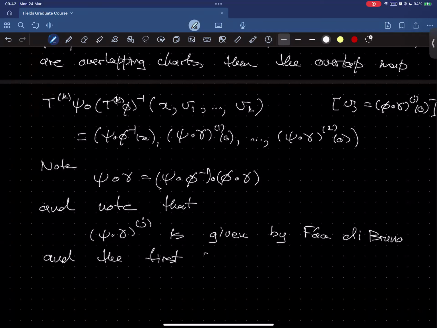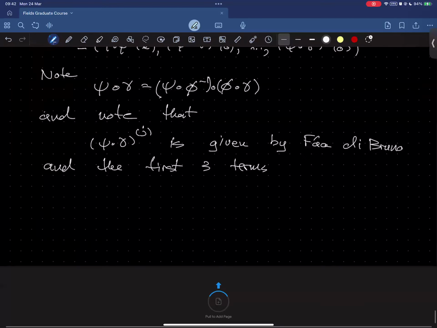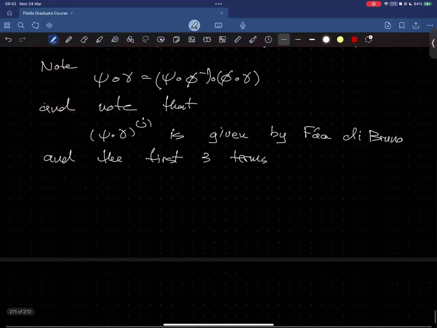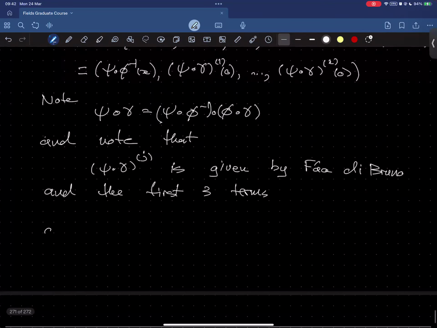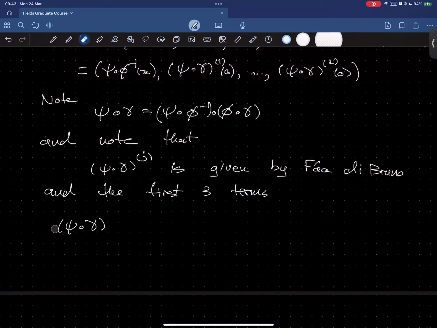Let's look at the first three terms. That'll give us some idea about how this works. So the first derivative, apologies.